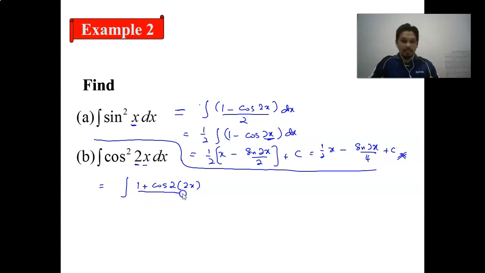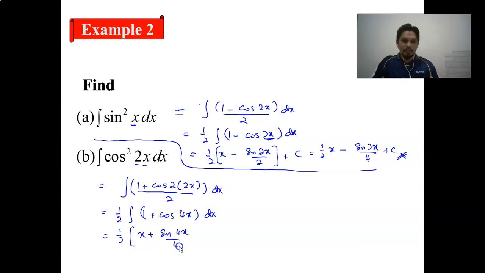divided by 2 dx. Okay, so 1 over 2, take it outside here, is a constant, integral of 1 plus cos 4x dx, and it is 1 over 2 integral of 1 dx equal to x plus integral of cos, it gives you sine 4x divided by 4 plus c.